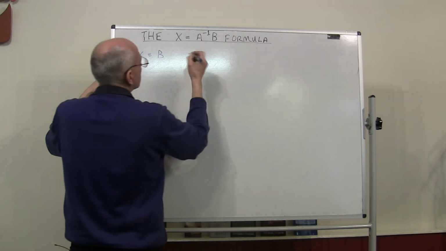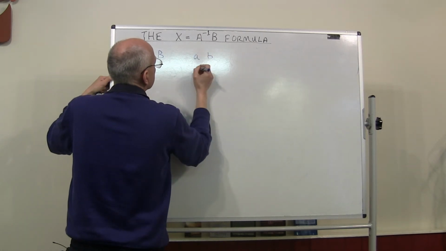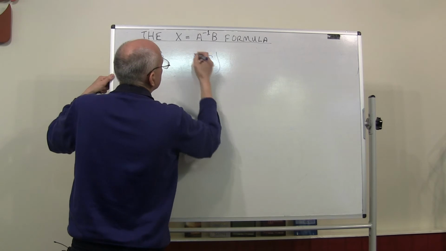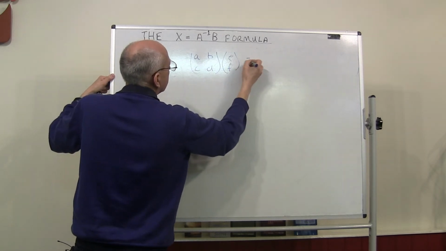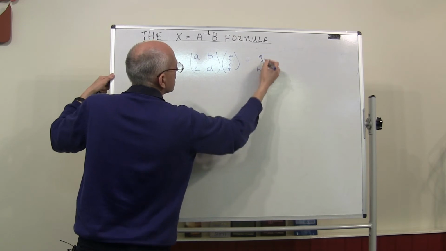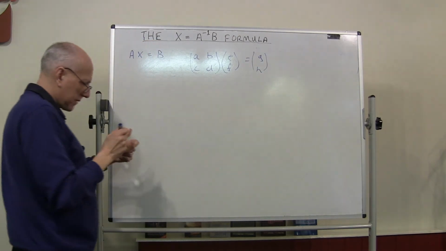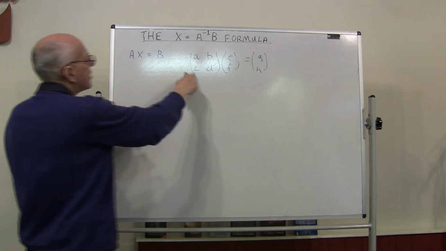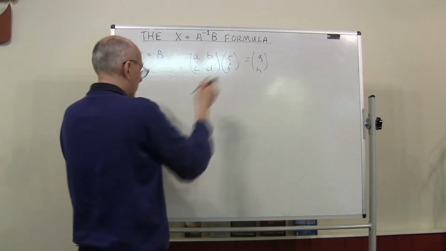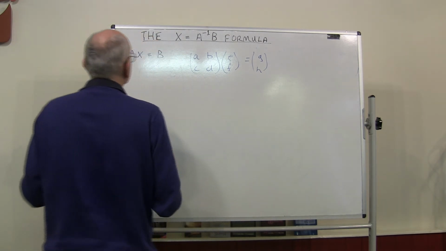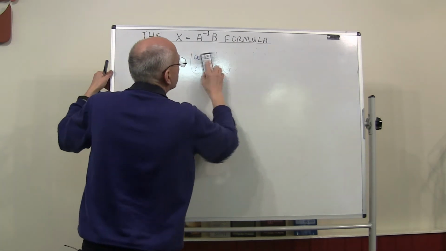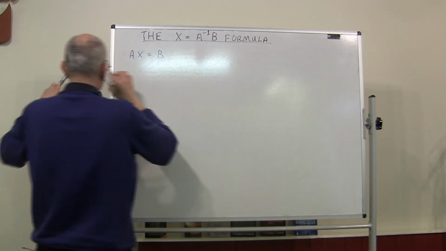So what we're saying is A, B, C, D times E, F equals G, H. Okay? So there's nothing wrong with that. That makes sense. If I multiply these numbers by these values, I get this answer. Okay? So that's fair enough. Breaking no maths rules there.